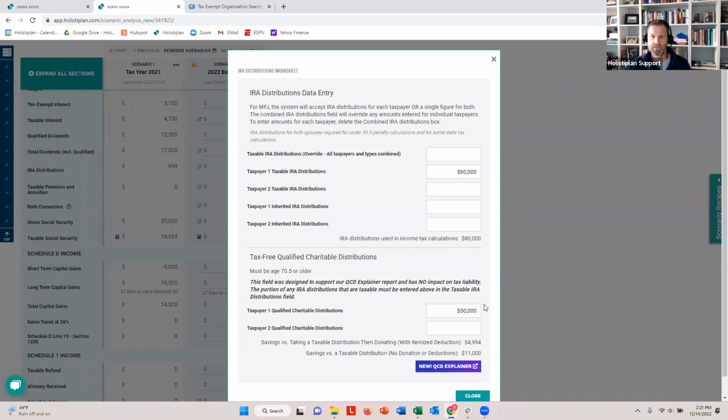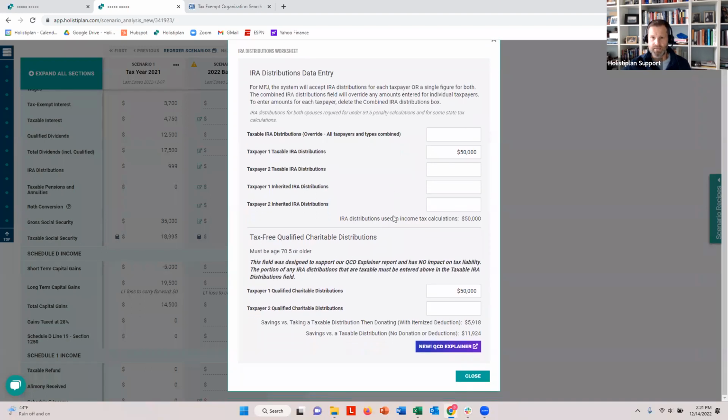If I wanted to make sure I was still maintaining a $100,000 total IRA distribution, I would need to back this down from $80,000 to $50,000, all right? Now, what is interesting, let's just keep this $100,000 RMD amount. What Holistiplan can tell you, whether you are eligible to use this explainer or not, is what are the savings versus taking a taxable distribution and then making an itemizable donation, right?